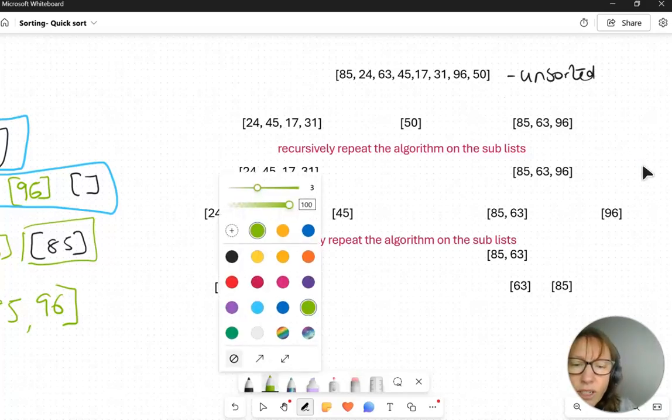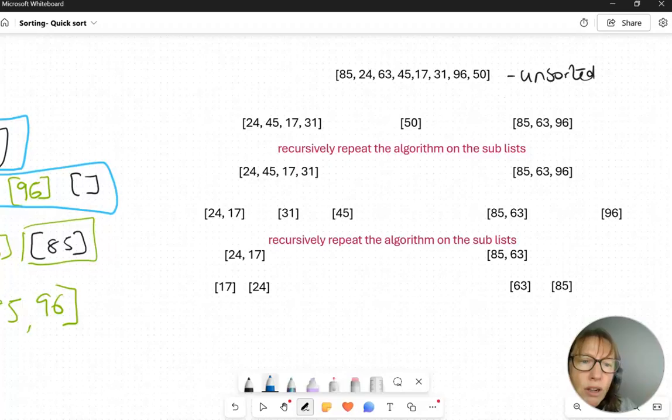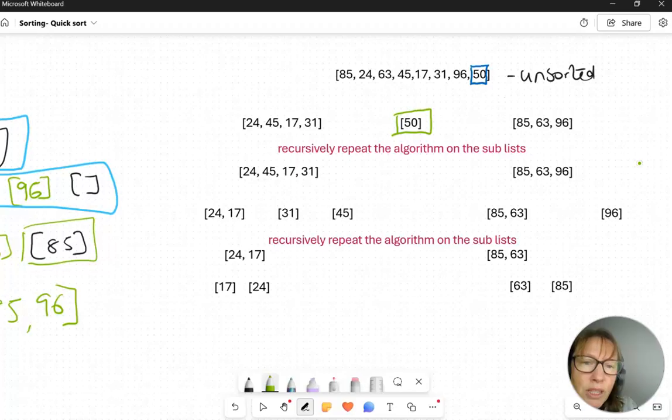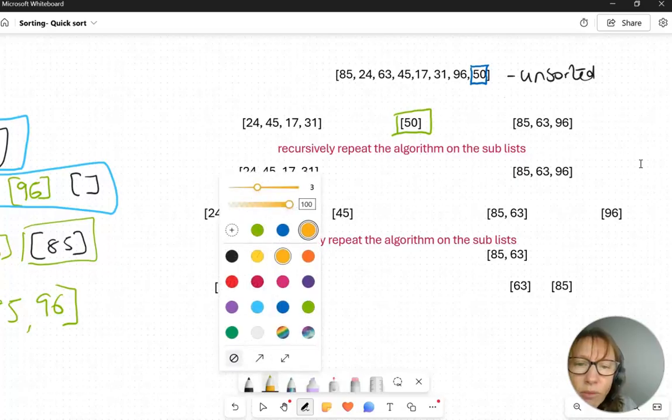So we are going to start at the beginning of the algorithm, and we know that in this sample, we are going to take the last value in my unsorted list to be my pivot value. When we put it in as a pivot value, it becomes a single value, and that means that it's actually sorted. Then what's happened with the unsorted list is all the values less than the pivot value are stored in one list, and we can see that here on the left hand side.